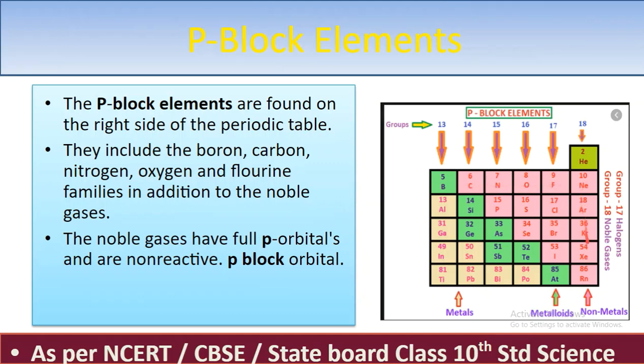The last one, group 18, is also called the noble gas elements. Noble gas means they are completely non-reactive in nature. Noble gases have a full p orbital and are non-reactive, also called zero group elements. We call them zero group elements because they do not react with other elements.